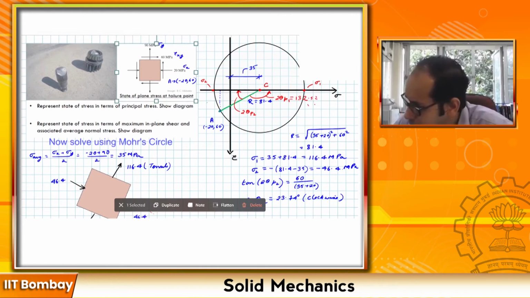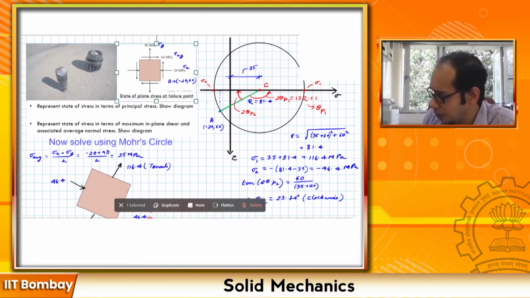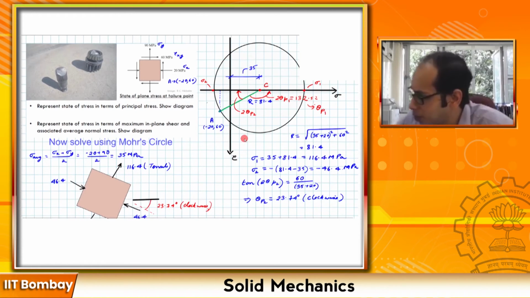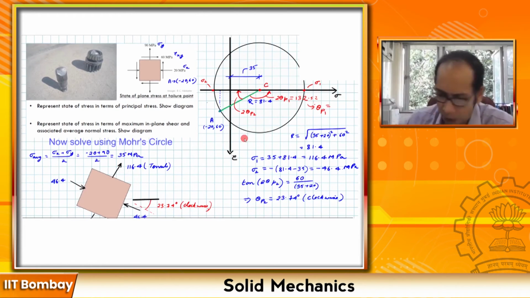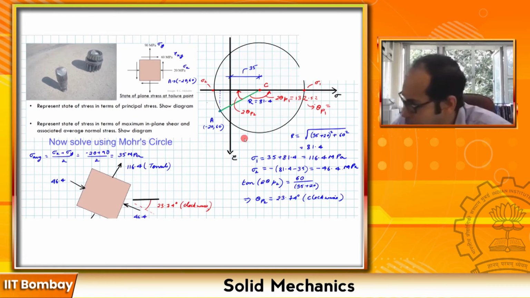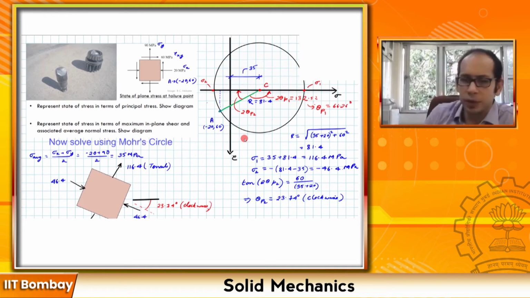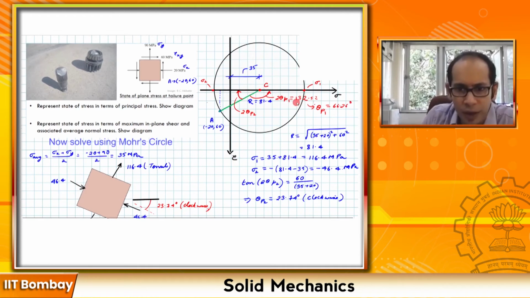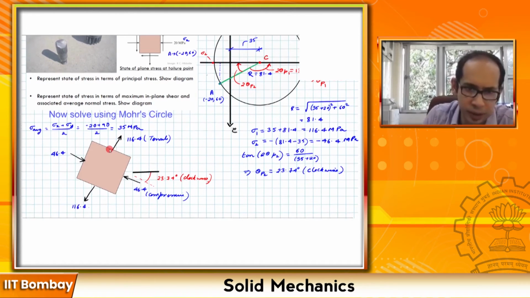So your theta P1 becomes half of that, which is 66.26. You are seeing that an anti-clockwise rotation of 66.26 will correspond to your sigma 1. It is essentially the same thing.